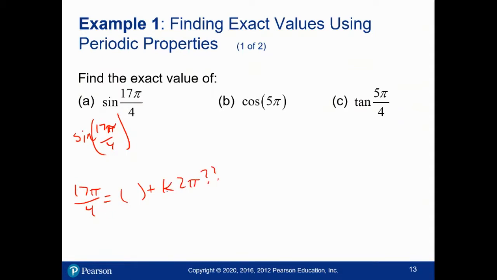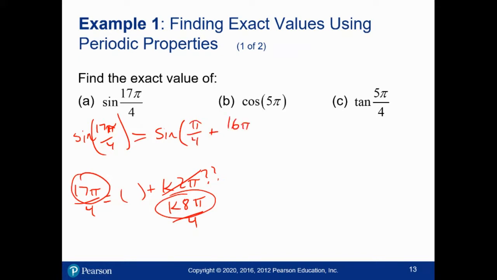But I want common denominators of 4, so instead of calling this 2 pi, I'm going to call this 8 pi over 4. I mean, it's still just 2 pi. But basically, I want to express 17 pi as a multiple of 8 with something left over. And so this is going to be the sine of a single pi over 4 plus 16 pi over 4. That's the multiple of 8 that I can make closest to 17.